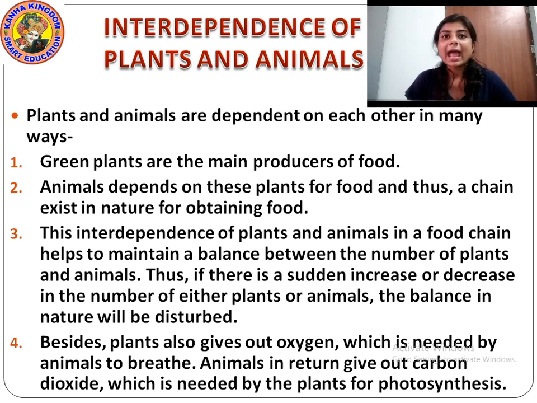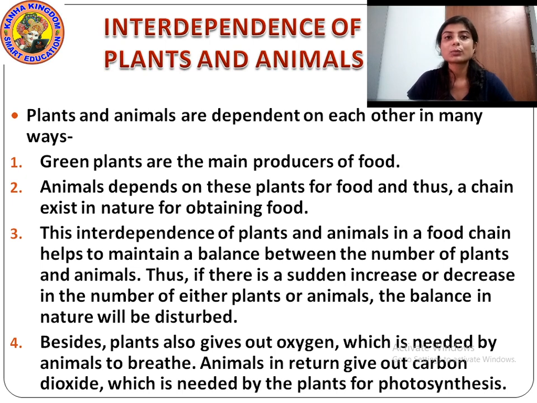See, besides this, plants also give out oxygen, which is needed by animals to breathe. Animals in return give out carbon dioxide, which is necessary for plants to make food. The food that is prepared by the plants is eaten by animals, and in return plants also give us oxygen, which is important for animals to breathe.